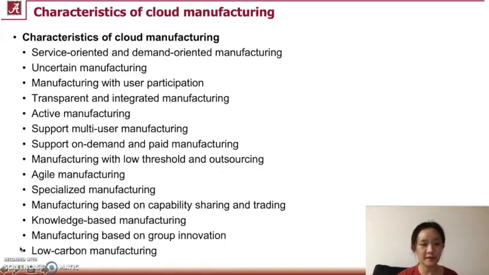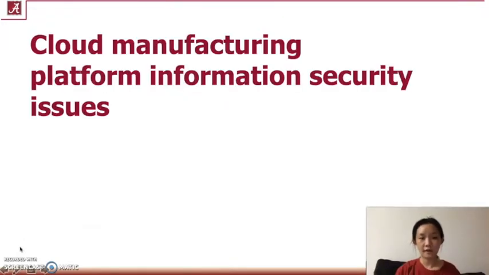These 14 characteristics of cloud manufacturing are listed here, and I've already introduced the details of these characteristics in our survey paper. Okay, and for this part, I'm going to talk about the cloud manufacturing platform information security issues.